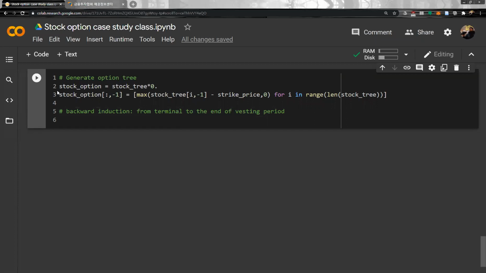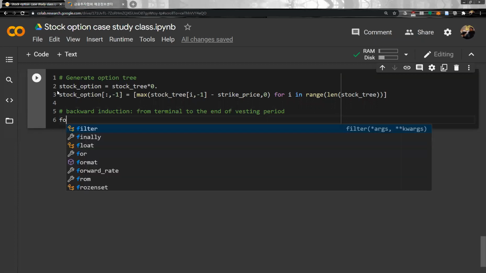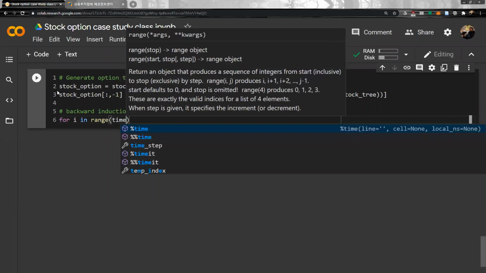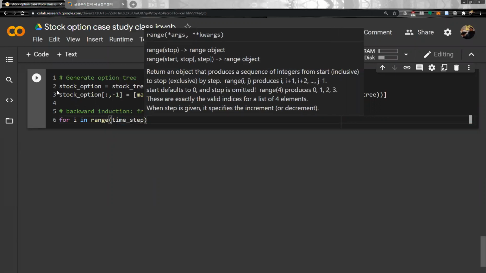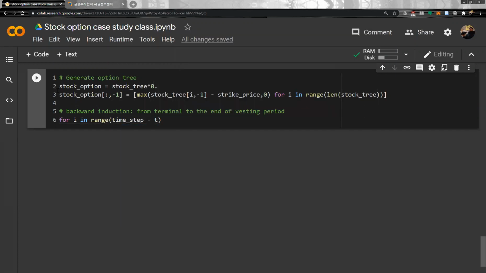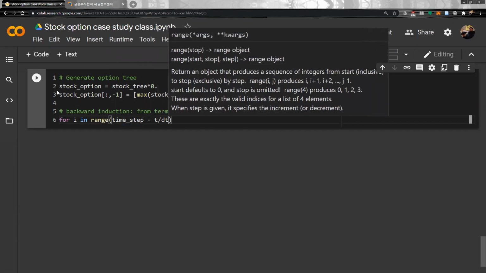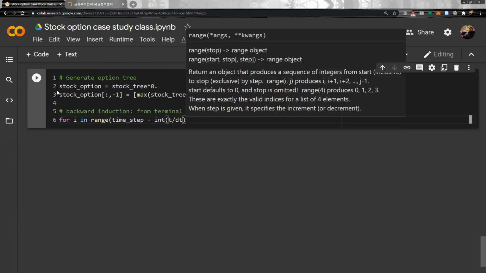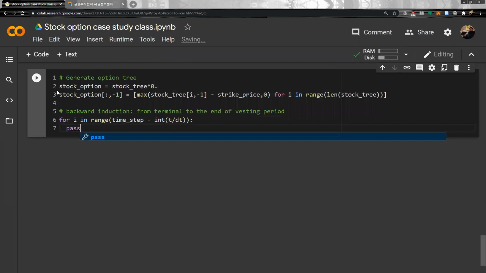So for I in range, of course, it is the time step, and it is after the vesting period. So vesting period T, right? And then of course we have to divide by dt, because everything is in terms of months, to make sure it is an integer.